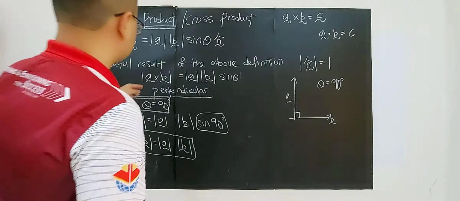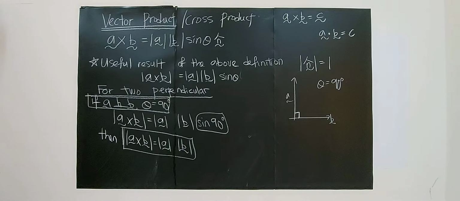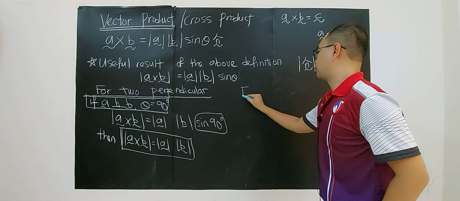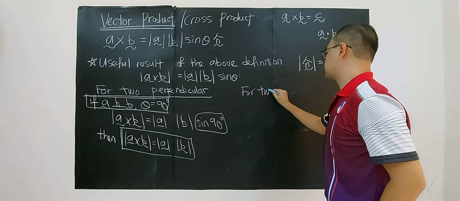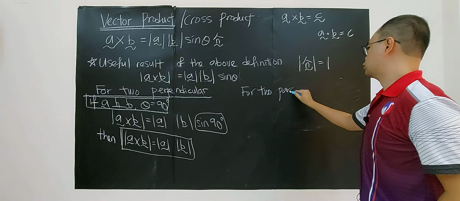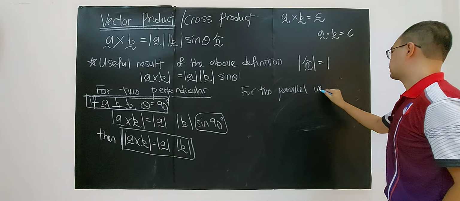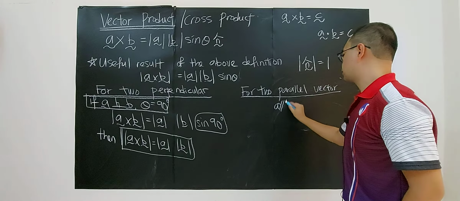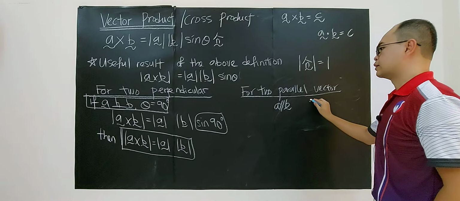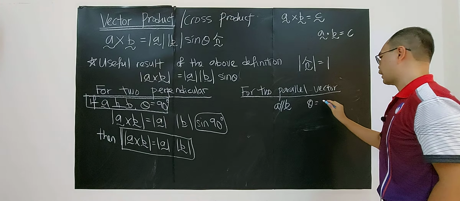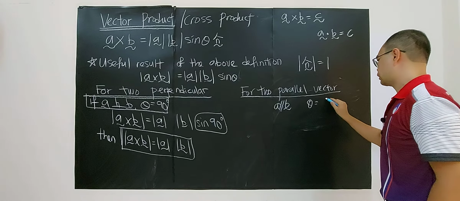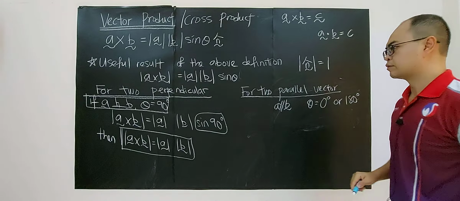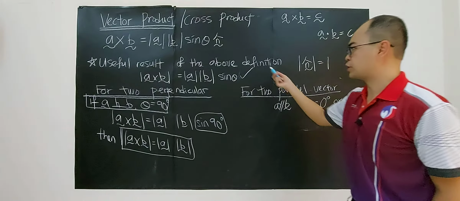This definition can also be used for parallel vectors. I repeat again, for two parallel vectors, A is parallel to B, the angle between them is either 0 degrees or 180 degrees, so using this definition is easy for me.